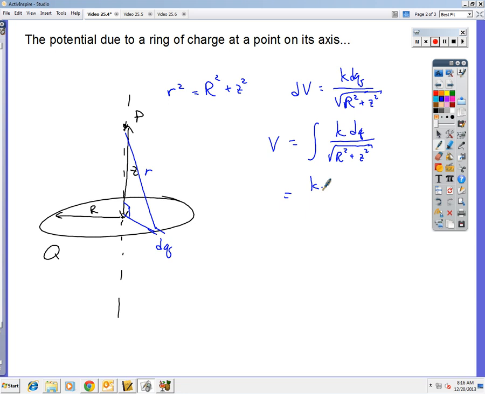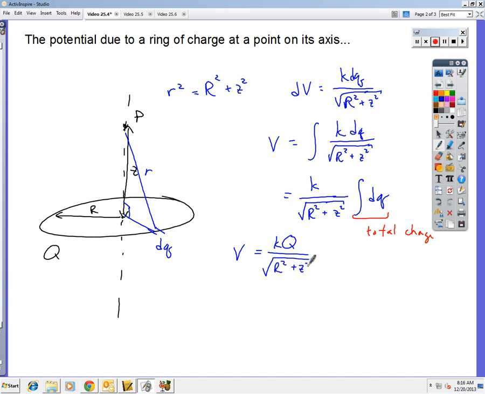Big R and z, and therefore little r, are the same for every single dq. So all of that comes out of the integral as well. So we just have the integral of dq, and that is just the total charge. So the electric potential is just kQ over the square root of R squared plus z squared.